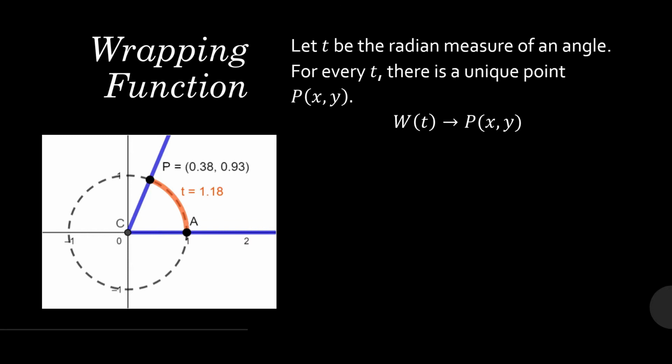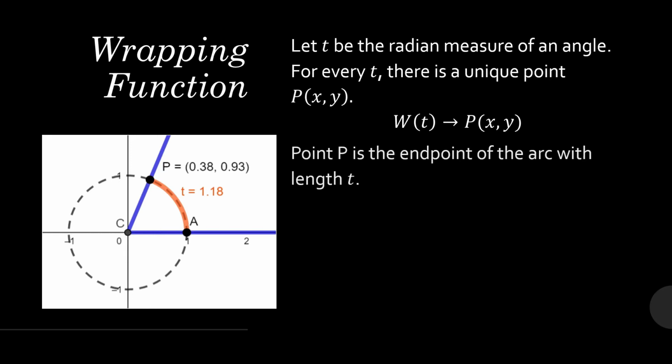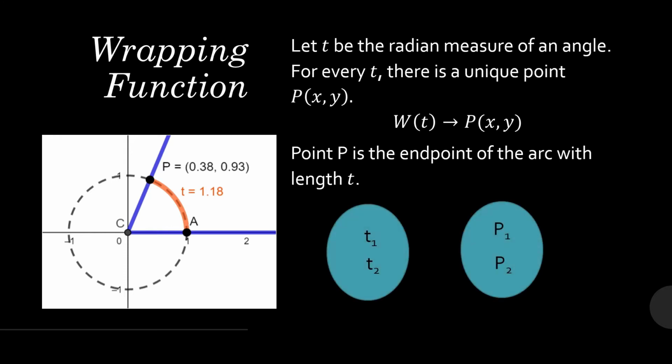For every length t, where t is the radian measure of an angle, we can assign a point to that t, and that point is going to be the endpoint of the arc, and our arc has length t. So let us again refresh your understanding of a function. A function is a mapping, a pairing, a matching.